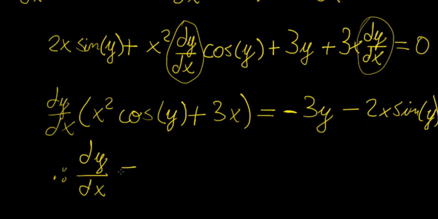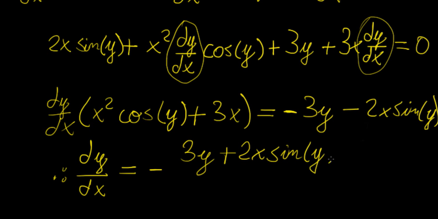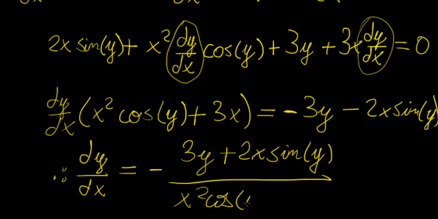The implicit derivative dy over dx is going to be equal to minus 3y plus 2x sine of y over x squared cosine of y plus 3x. And this is going to be the solution for this particular derivative.